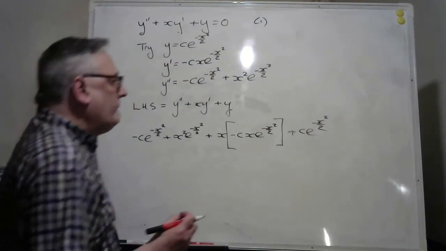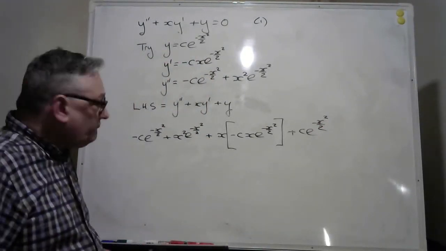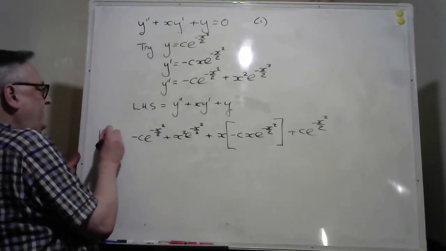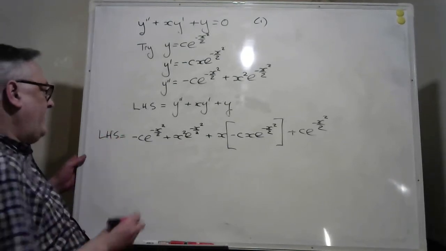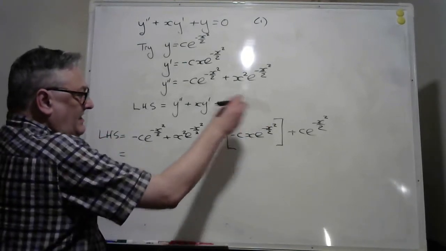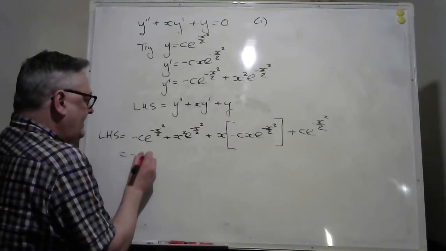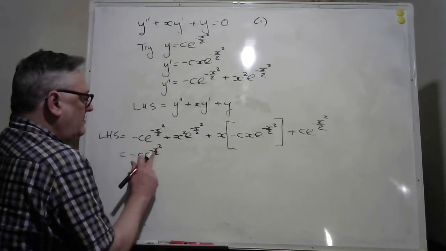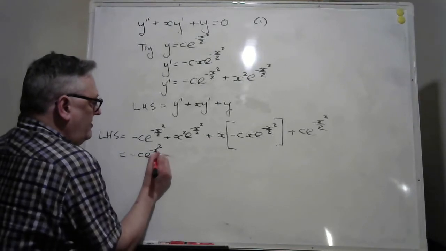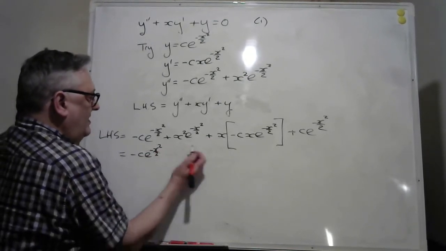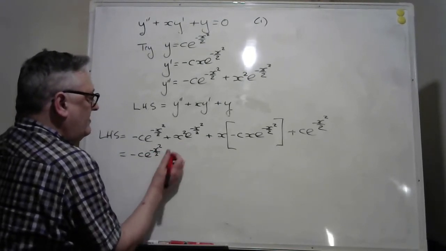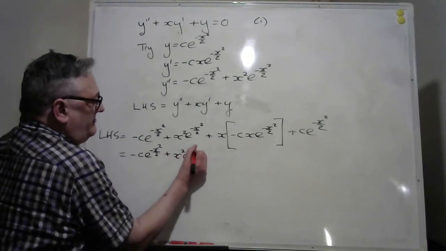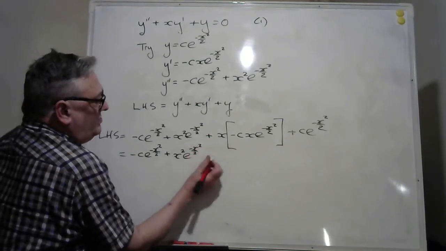Right, okay, what does this turn out to be? So the left hand side is equal to that. Well, we'll just tidy this up a little bit. So we've got minus ce to the minus x squared over 2 plus x squared e to the minus x squared over 2.